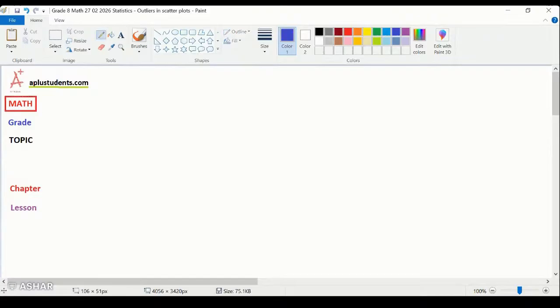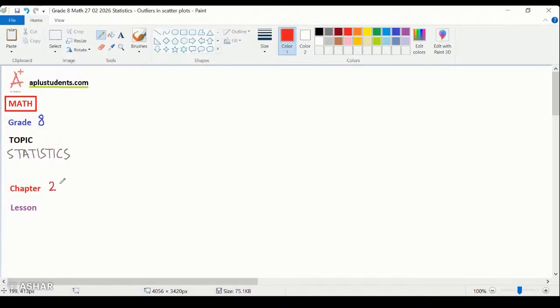This is a grade 8 maths lesson, and the topic for today is statistics. I'll give you the chapter number and the lesson number. The chapter number is 25 and the lesson number is 8.